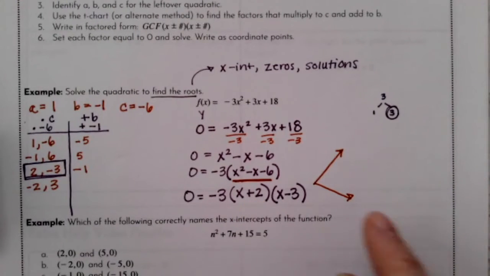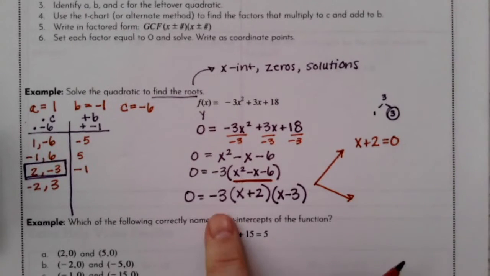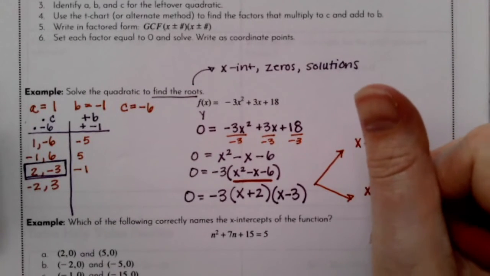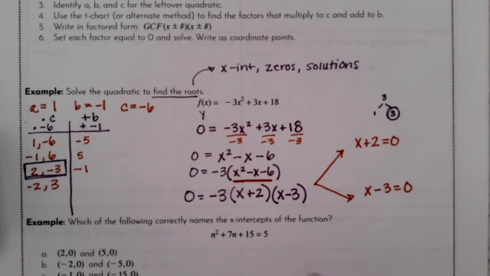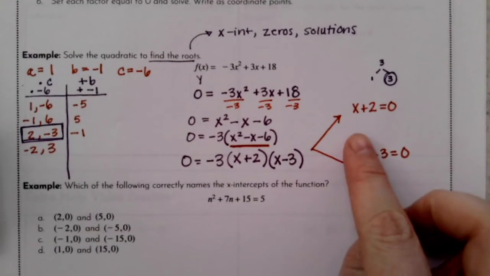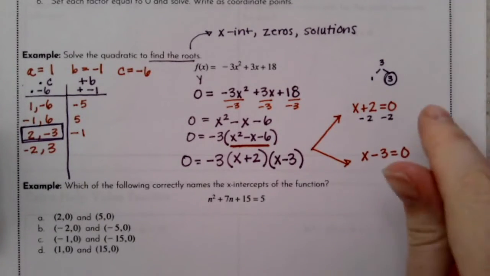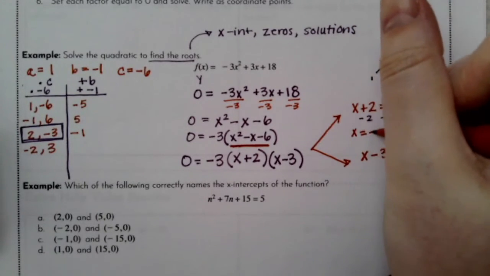This first factor equals 0, so x plus 2 equals 0. And this second factor equals 0. And then we just need to solve and write it as a coordinate point. So they usually are just one-step equations where I just need to subtract 2 from both sides and I get -2.